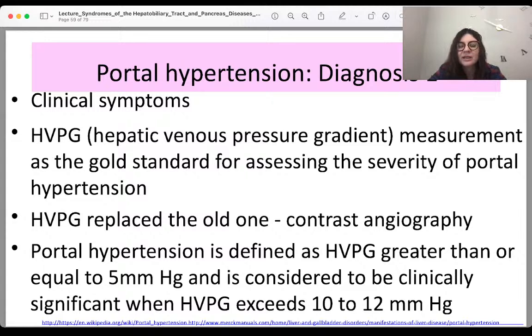This test replaced the old one, contrast angiography, which was more difficult and more invasive for patients. Portal hypertension is defined as a pressure greater than or equal to 5 mm Hg and is considered clinically significant when HVPG exceeds 10 to 12 mm Hg.